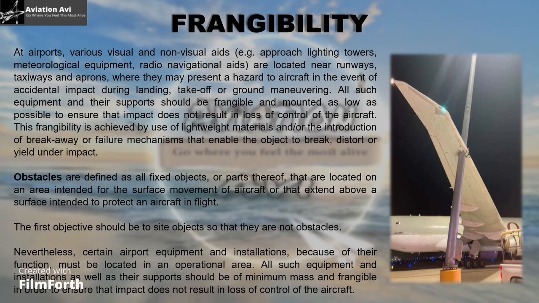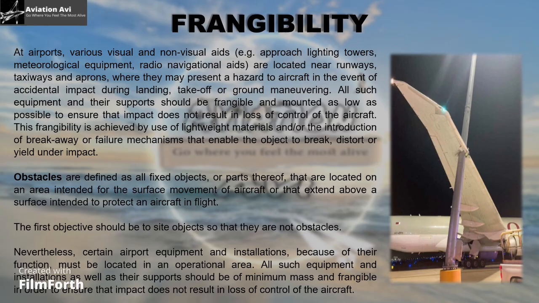Now, what are obstacles? Obstacles are defined as all fixed objects or parts thereof that are located on an area intended for the surface movement of the aircraft or that extend above a surface intended to protect an aircraft in flight. But the very first objective should be to site an object so that it does not become an obstacle.